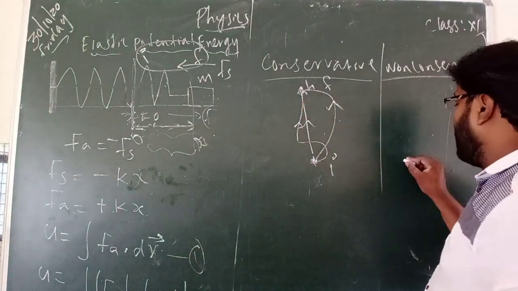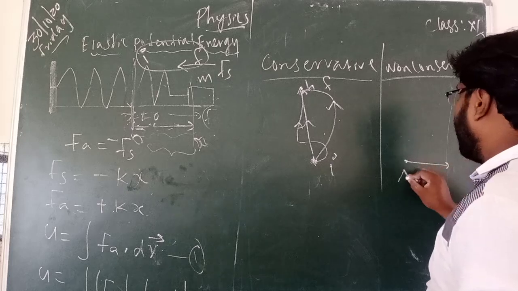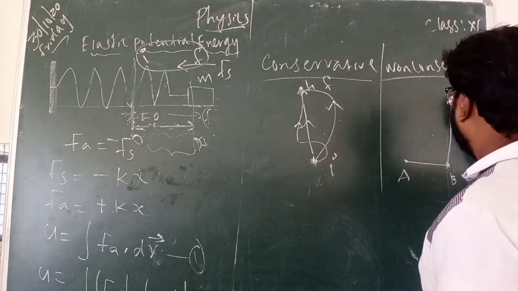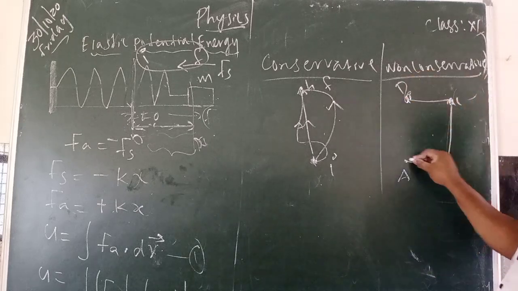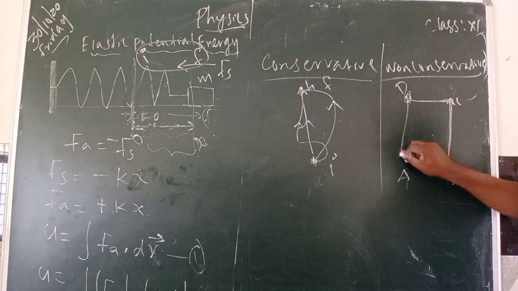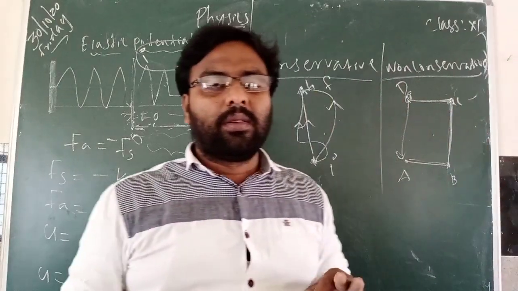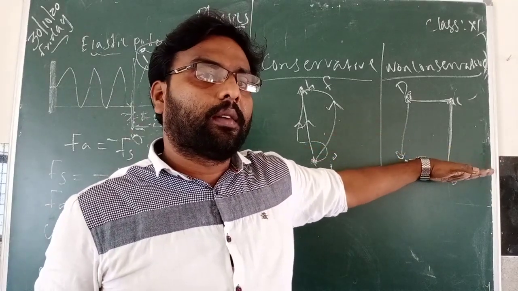The same thing. You are moving this object from A to B, then B to C, then C to D. So this path, this path, this path, finally this path. Now you are moving this object from here.